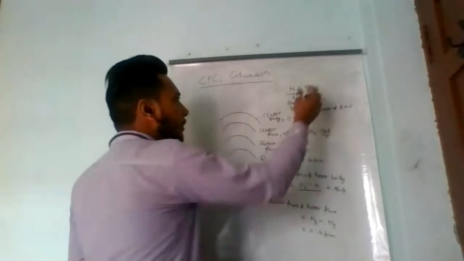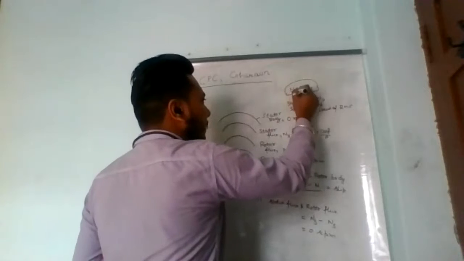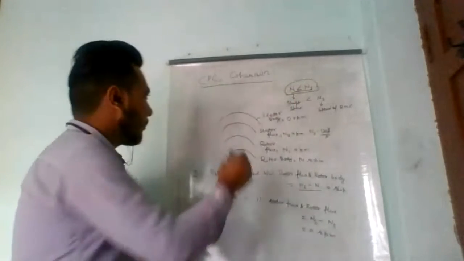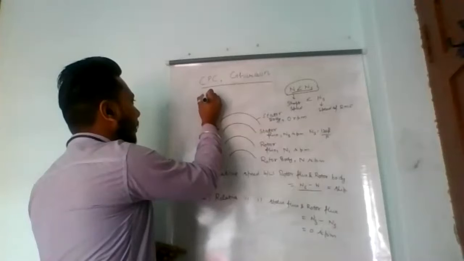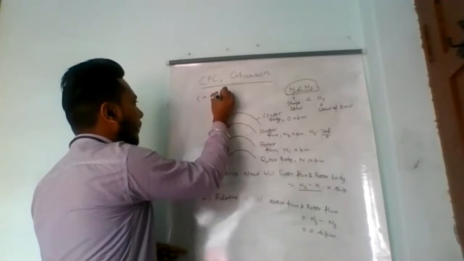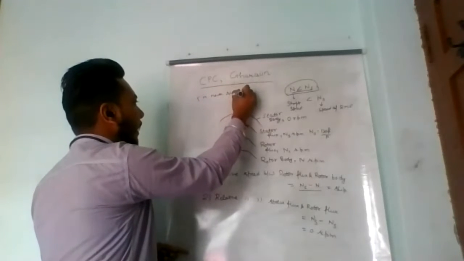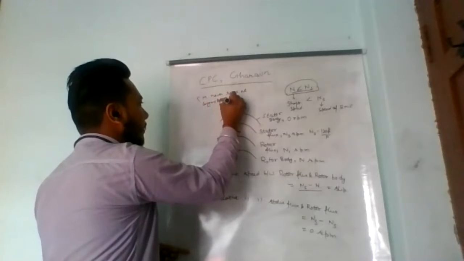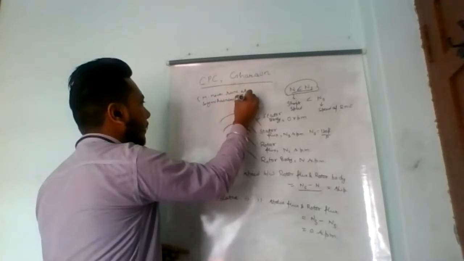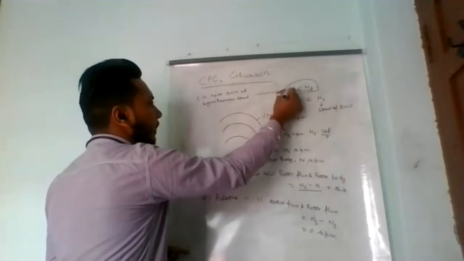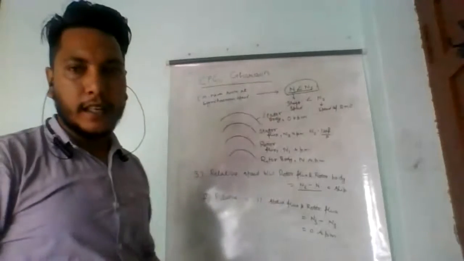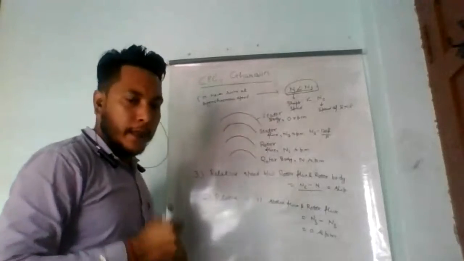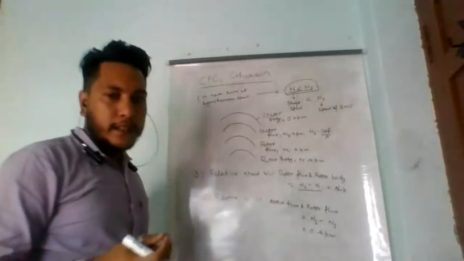Now next, why is this speed n less than ns? Because the induction motor never runs at synchronous speed. That is, n is always less than ns. Why is n always less than ns?